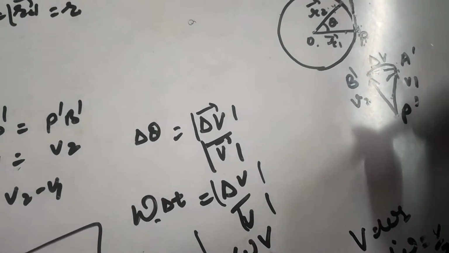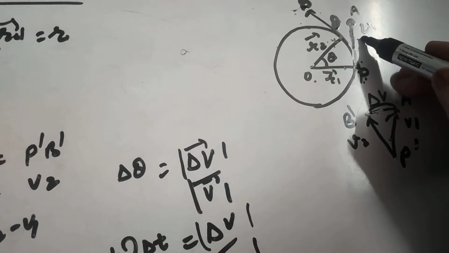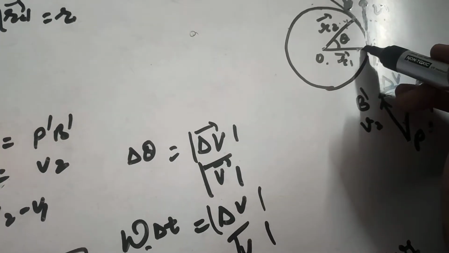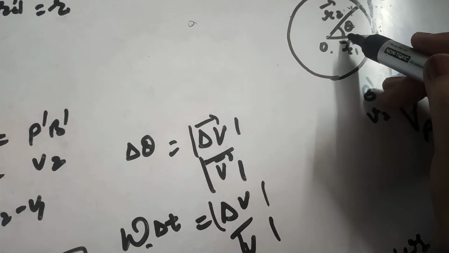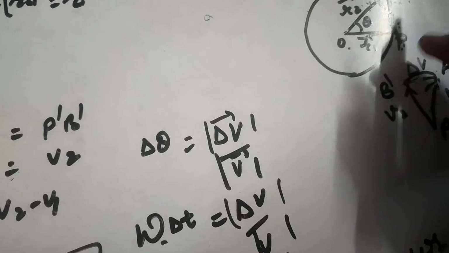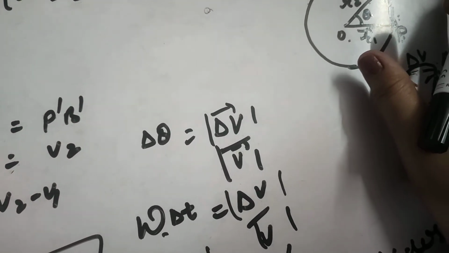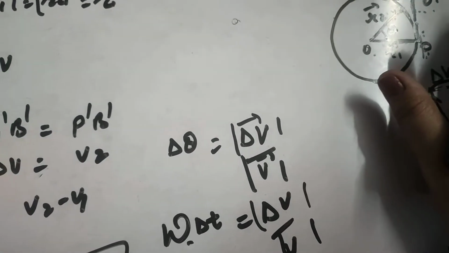So if velocity is along the tangent and delta v is perpendicular to it, it is directed along the radius. So the direction of the acceleration is along the radius of the circular path.